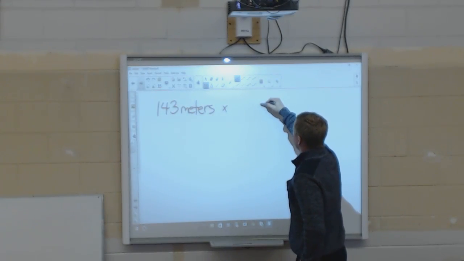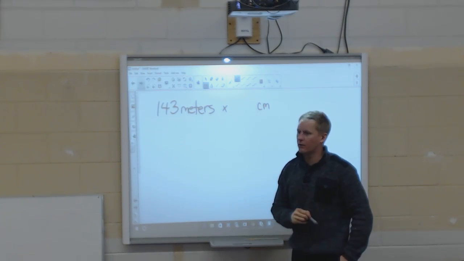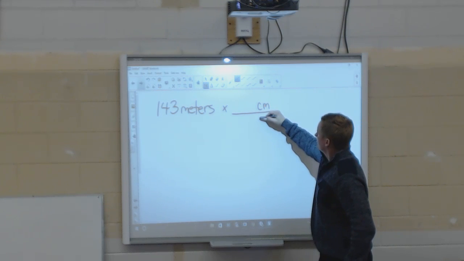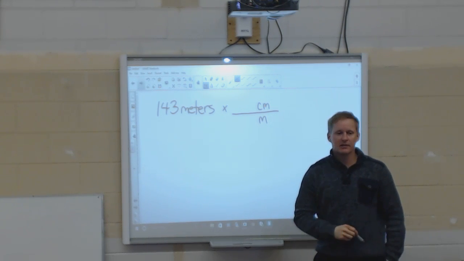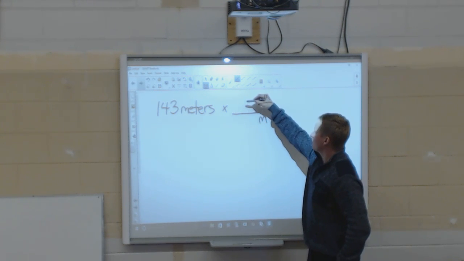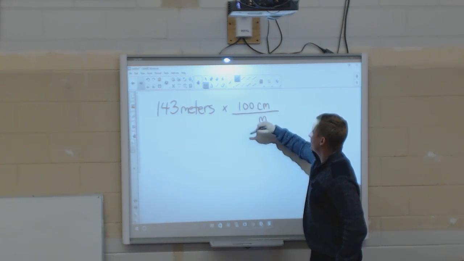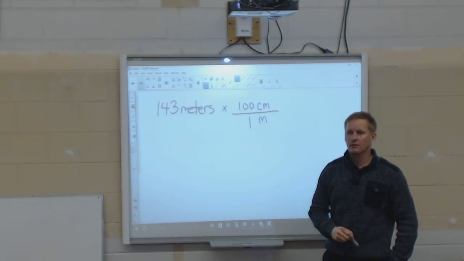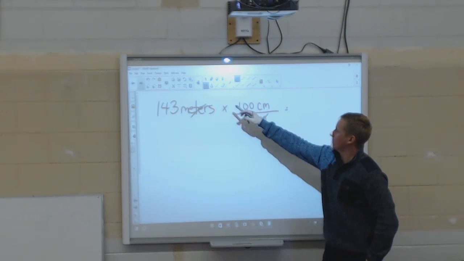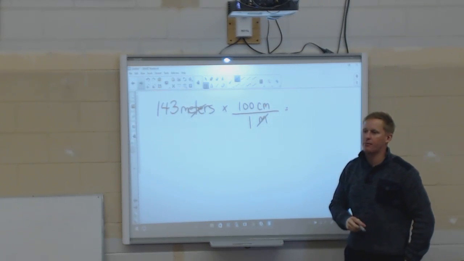So the way I teach this in physics is I say, okay, what is the unit I want? I want centimeters. So what's the ratio of centimeters to meters? If I know it, I'm just going to use it. Jake says 100 centimeters to 1 meter. So therefore my units cancel: my meters, because I have meters on top and I'm dividing by meters on the bottom.